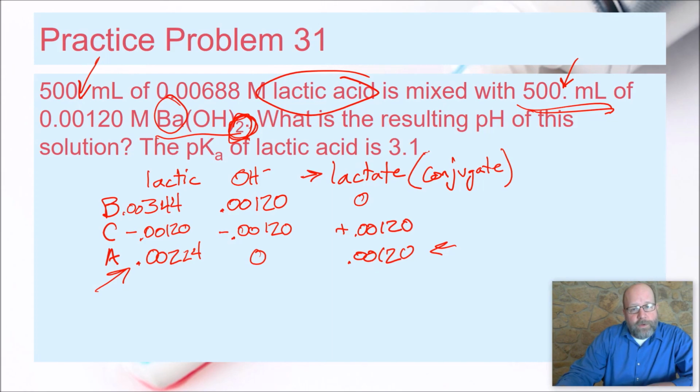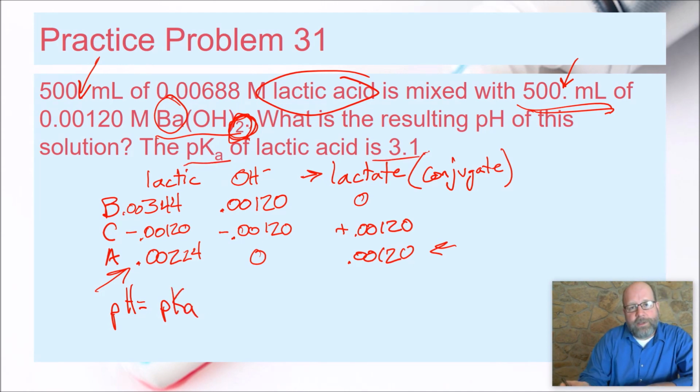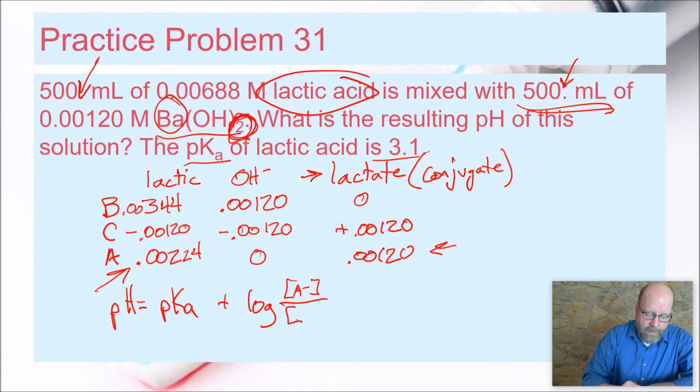So we're going to end up using our old friend, David Hasselhoff. So pH is going to be equal to pKa. And hey, that's nice. I got pKa. I don't have to calculate it from Ka. So pKa plus, of course, the log of the conjugate base over the concentration of the acid.